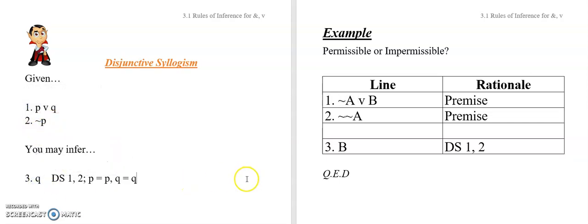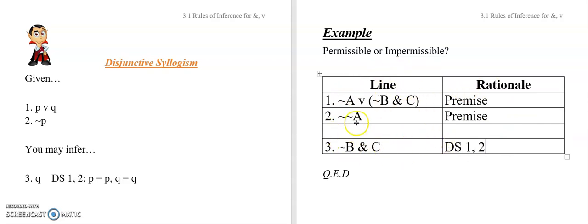And by the way, if we had had this here, that would be legitimate as well. And if we had had something like this, let's just try to make it more complex for you. Then you had this, okay, this would be a permissible use of disjunctive syllogism as well.